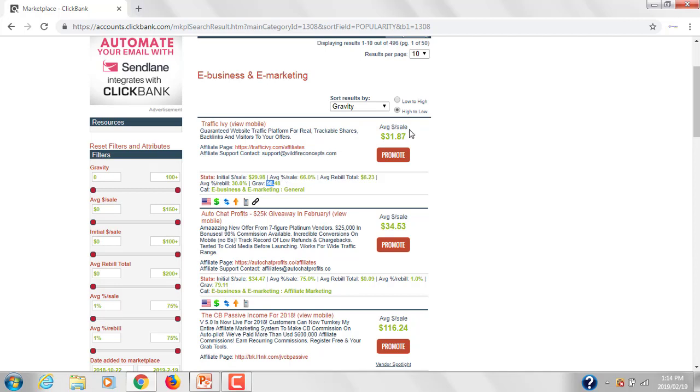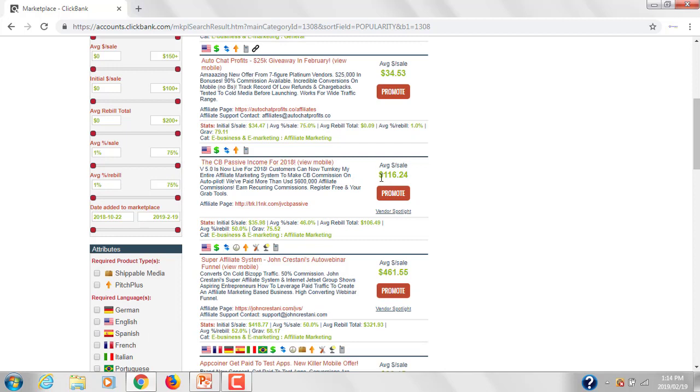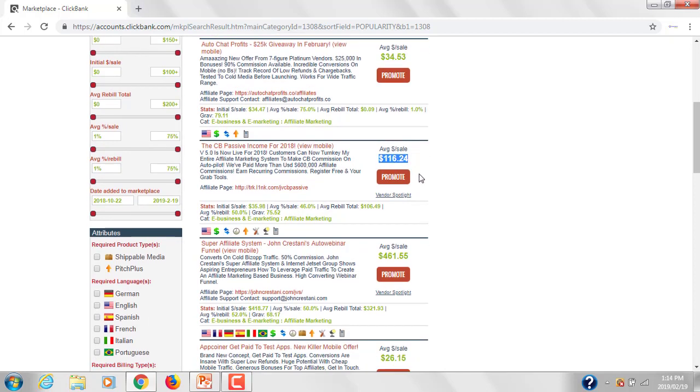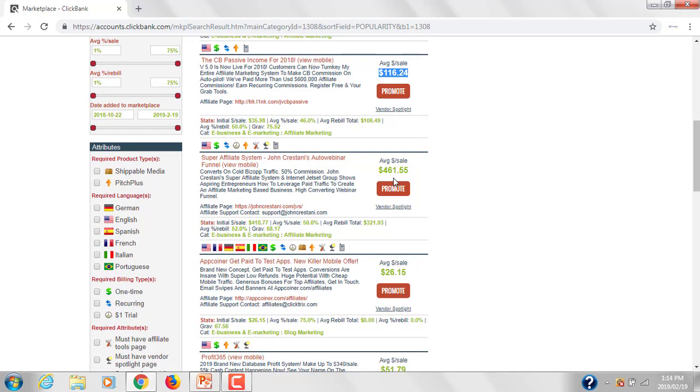So this is average dollars per sale. It means if you sell this product, you could expect to earn $31 just by selling one product. And this product, you could see, has a far better commission rate. Let's see this, $461 per item if you sell it. It also has a gravity of 68.